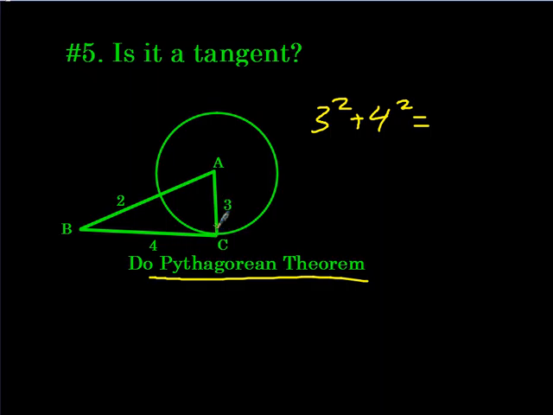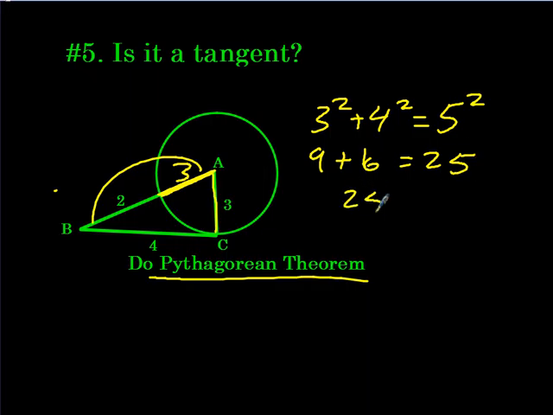Remember, all radii are equal, so if this is a radius here, that's 3. Then this line here is also a radius, so that has to be 3. Therefore, we can add these together and say my hypotenuse is 5. With the Pythagorean theorem, basically you are just checking to see if the numbers equal each other. If the numbers equal each other, then yes, that thing is tangent. If the numbers do not equal each other, no, that thing is not tangent.